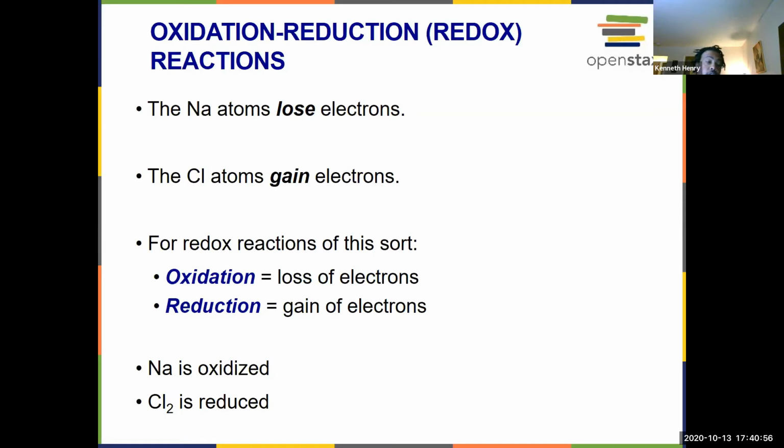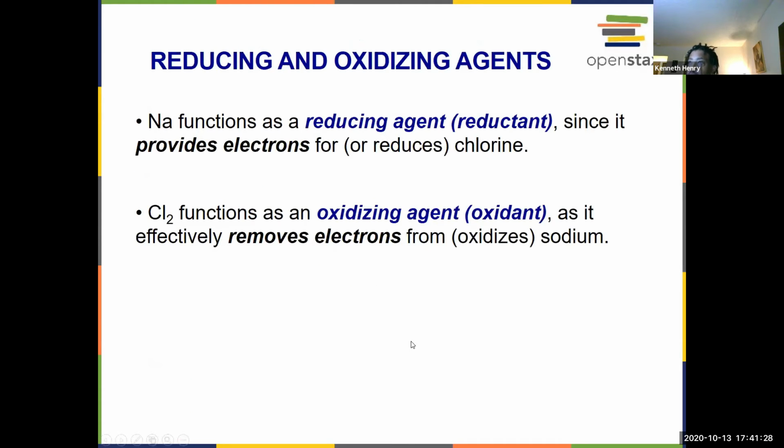So when you're talking about the metal being oxidized and the gas being reduced in both of those cases, okay?